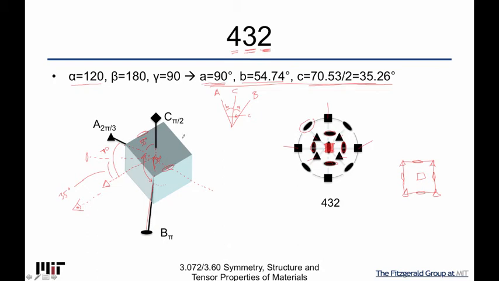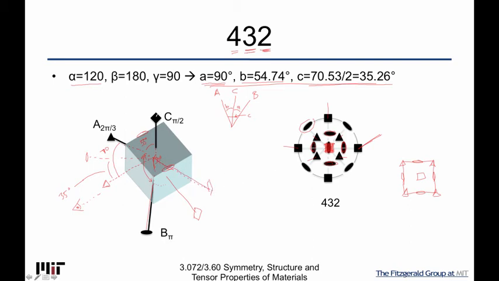And the way you can see that, of course, is that there's a fourfold axis on the right, so there's going to be a fourfold axis coming out here, and coming out of this edge, there's a twofold axis.